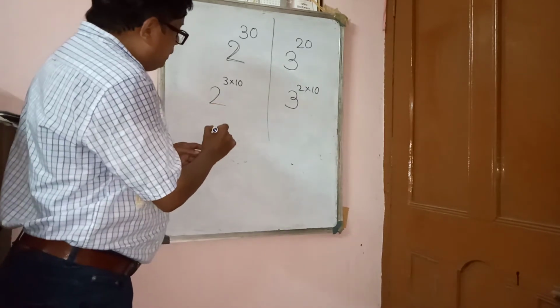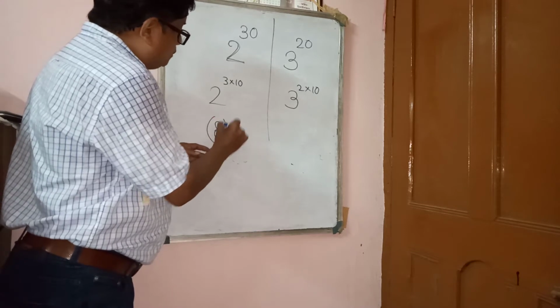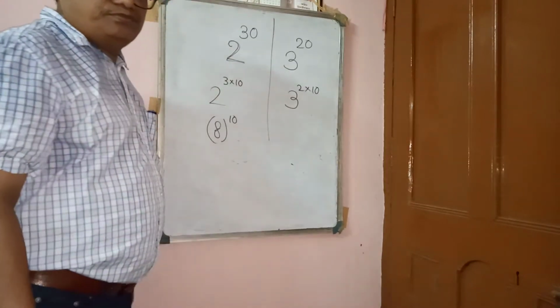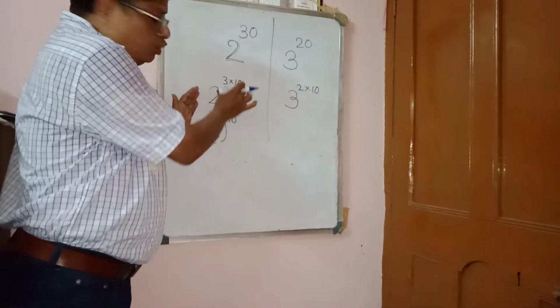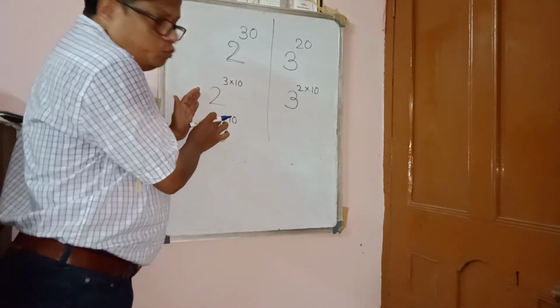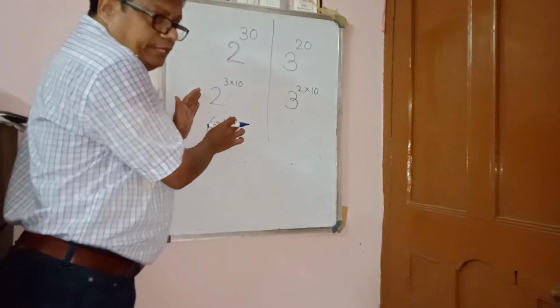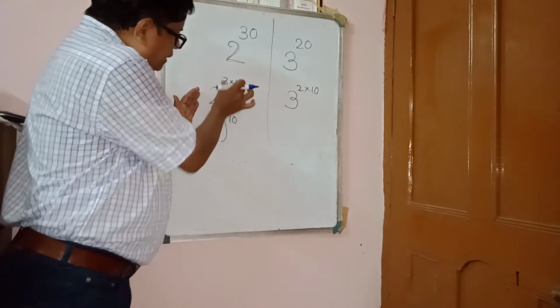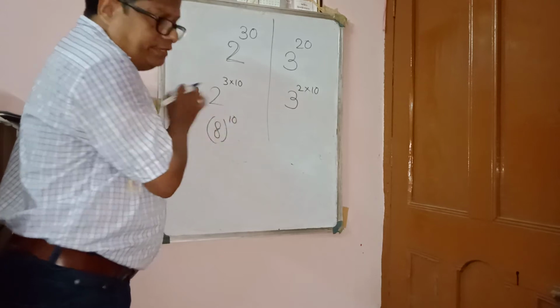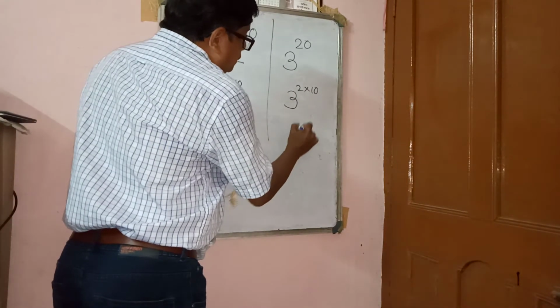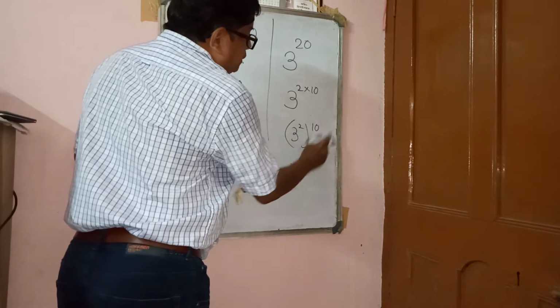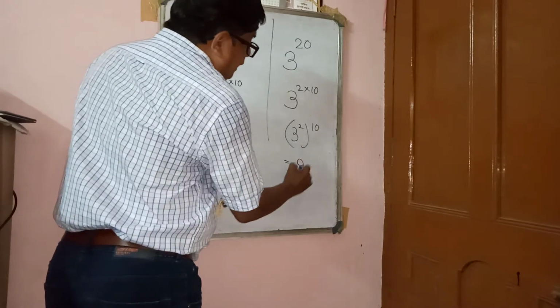Here this will be 8 to the power 10, you can write, no? 2 cube, understood? So this will be 2 cube into 10. That is 2 cube here, 8 to the power 10. And this you can write 3 square whole to the power 10. We can write, so it will be 9 to the power 10.